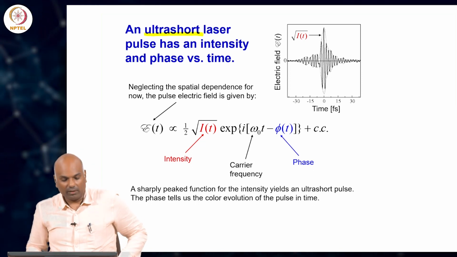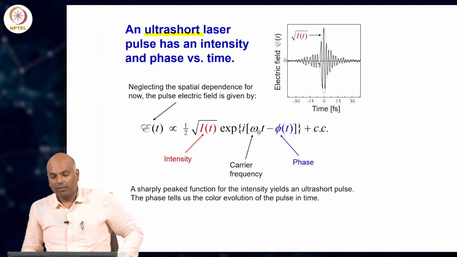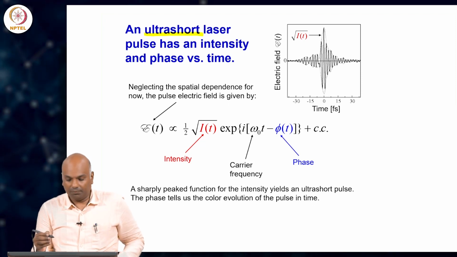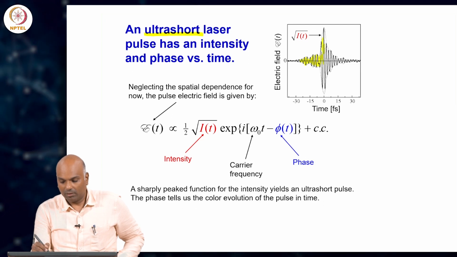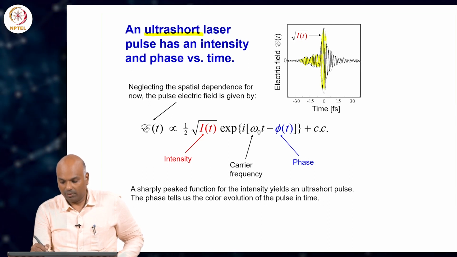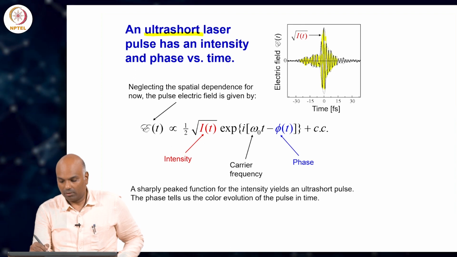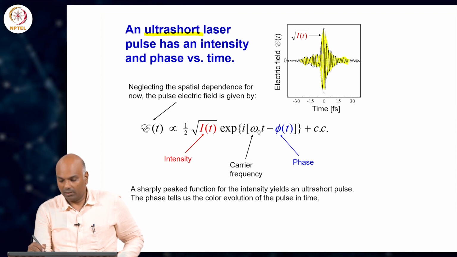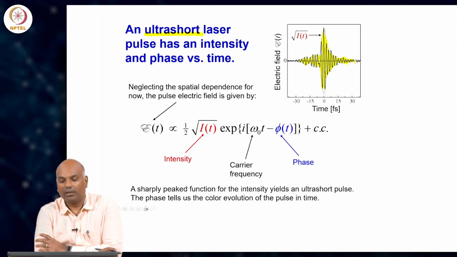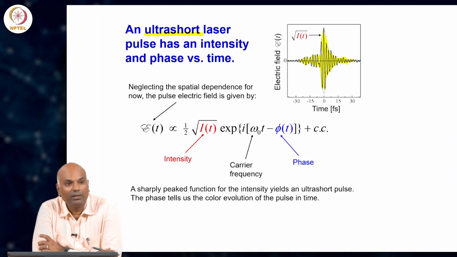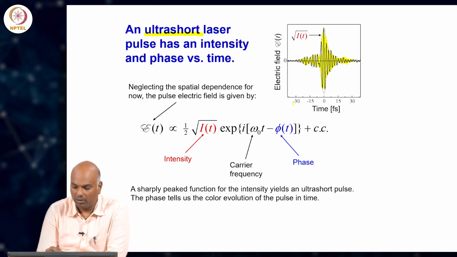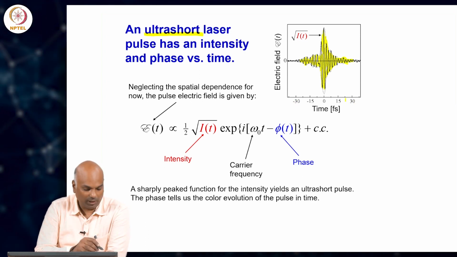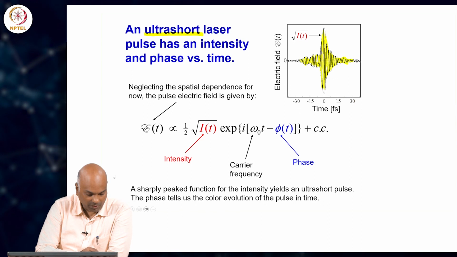It is after all an adjective, but then the point being that this is my light pulse, an envelope, and within that a carrier. Here the carrier frequency seems to be uniform all throughout time, from about -30 to +30 femtoseconds, right.